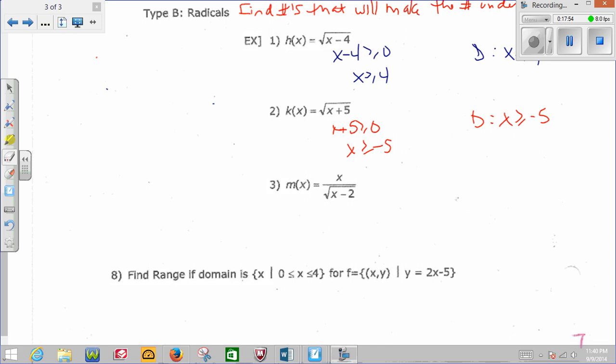The last one here is a little bit different because we've combined the radical with a fraction.